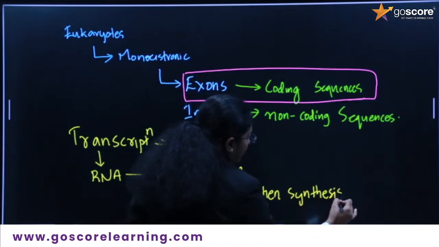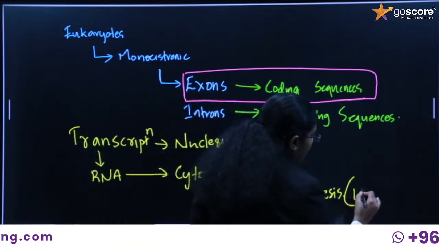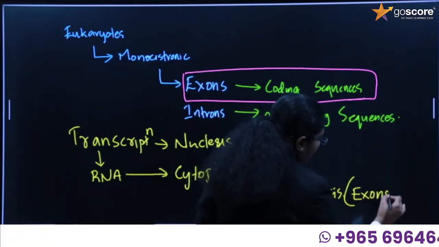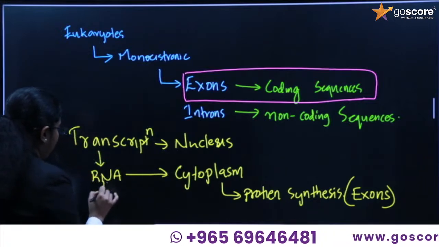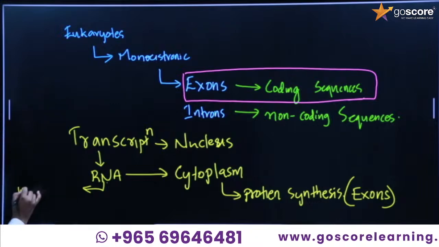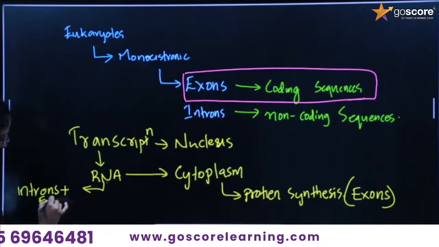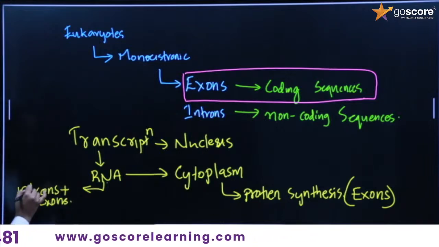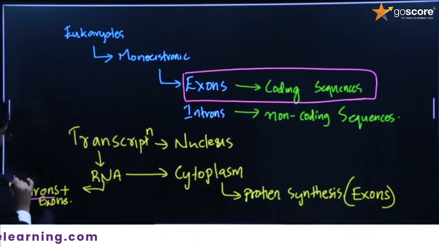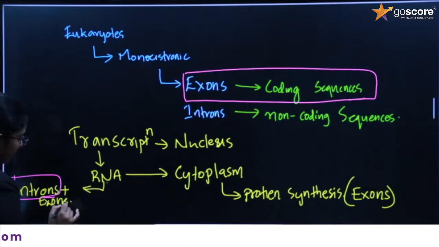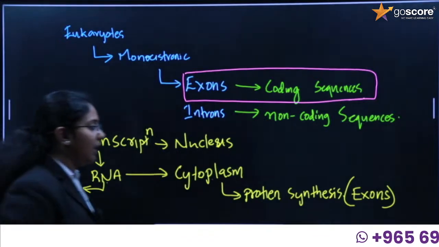For protein synthesis, we need only exons. We don't want introns. But when this RNA is formed, it is a mix of introns and exons. So we have to remove the introns and transport the exons to the cytoplasm. That is the task.